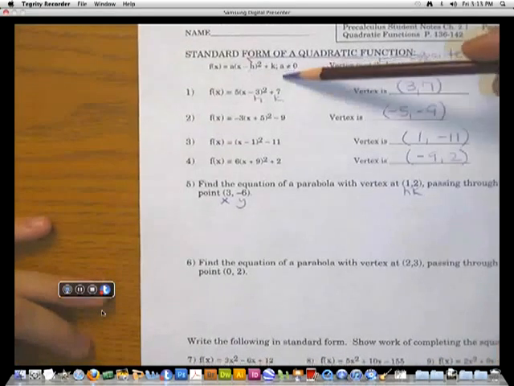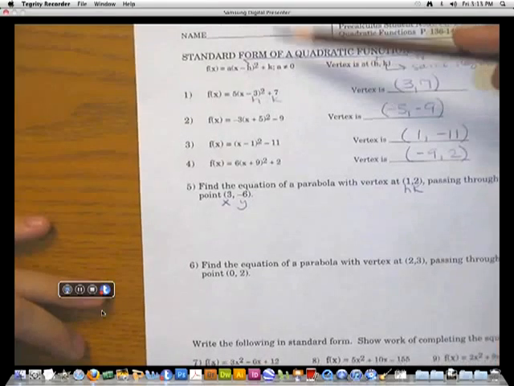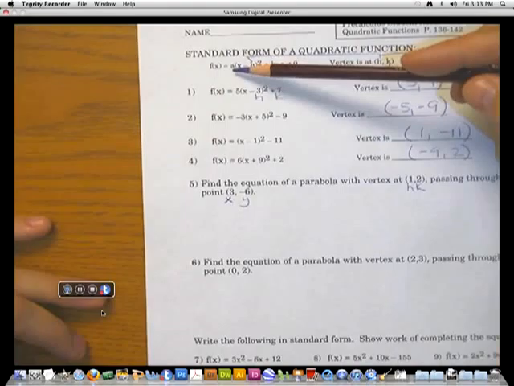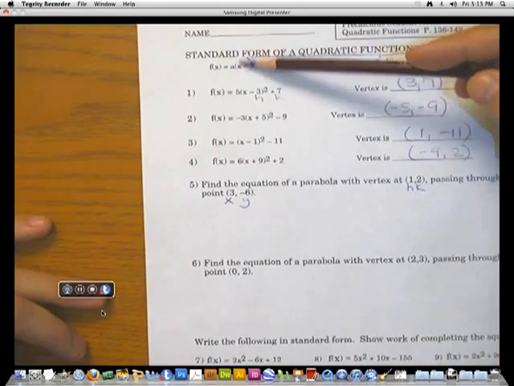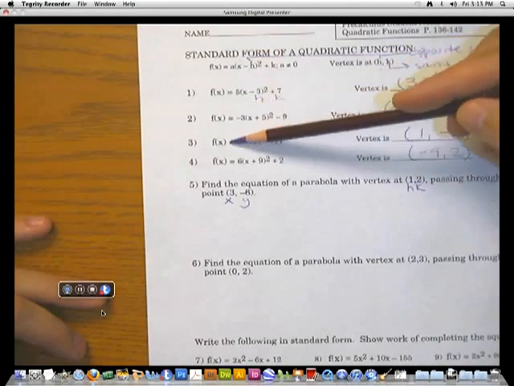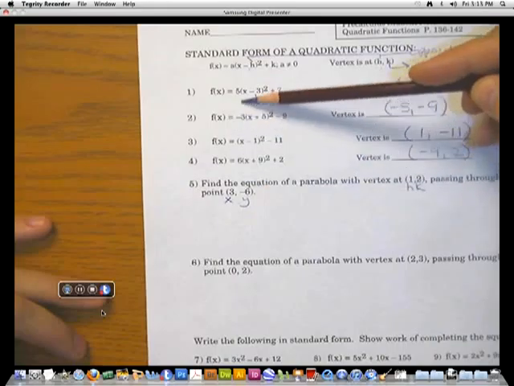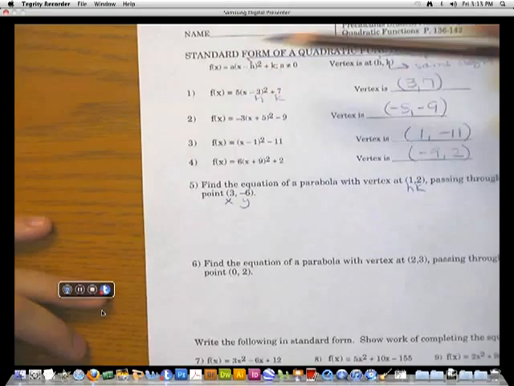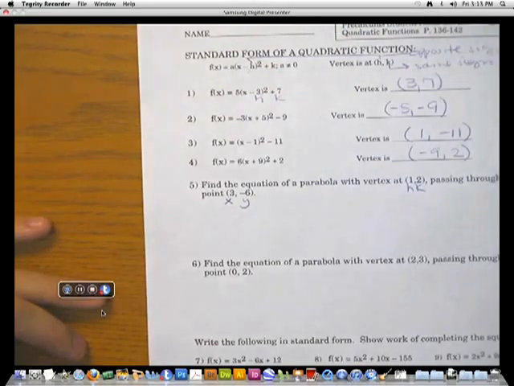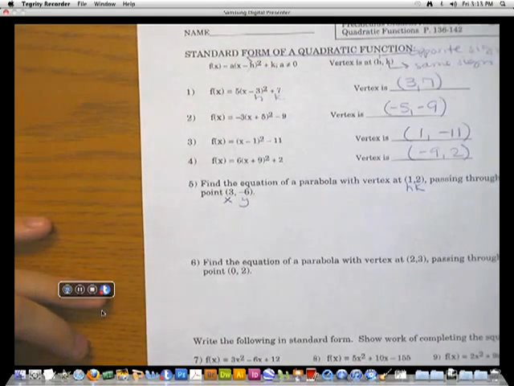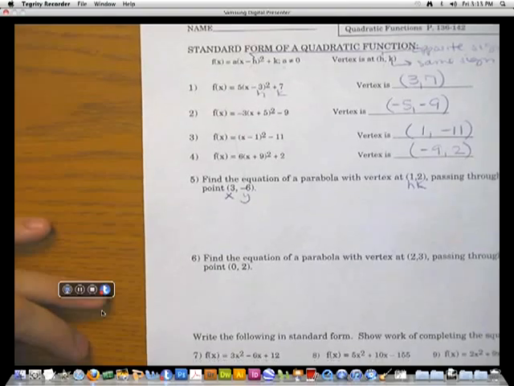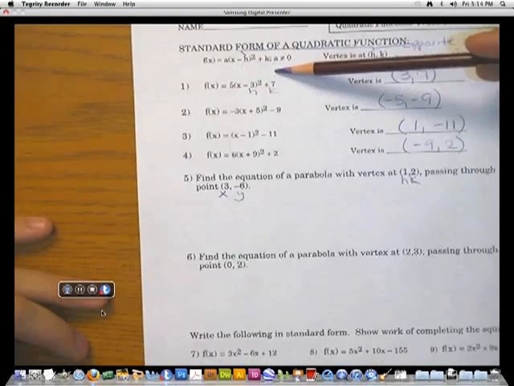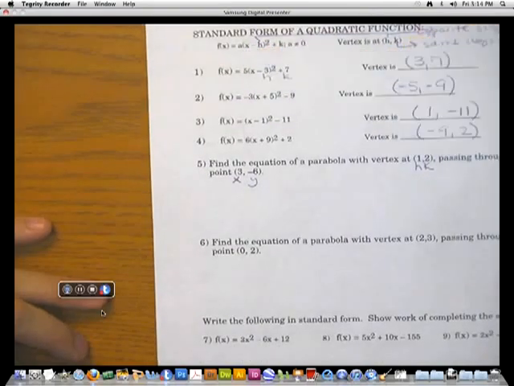So when I look back up here at this standard form of quadratic function, y equals, because f(x) means y, a, that's some coefficient of my parabola, and so far, everything we talked about with our a is based on if it's positive, it opens up. If it's negative, it opens down. Well, now if we're going to write an equation, we actually need to find that a, because we know x, we know h, and we know k. What we don't know is the a.